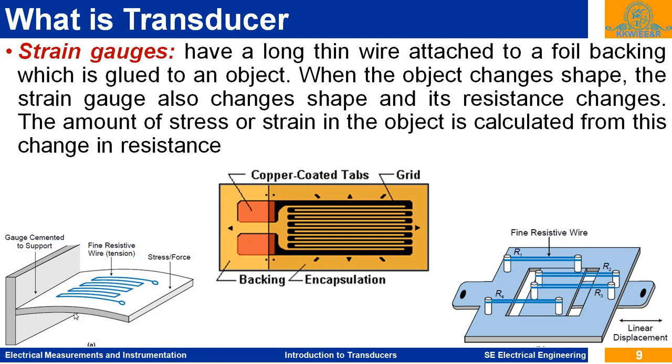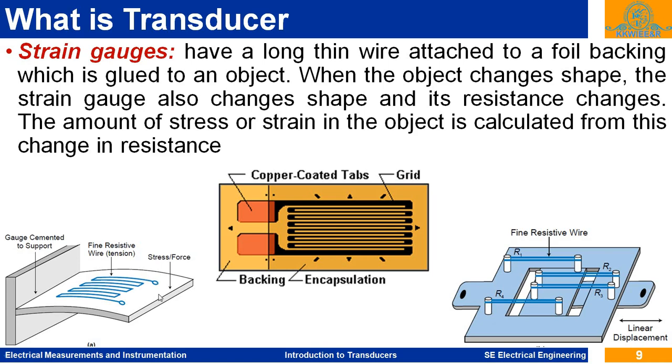So this is the cemented support at one end, and on this strip the high resistance wires are connected, or pasted on this plate, and the other end is free to bend.